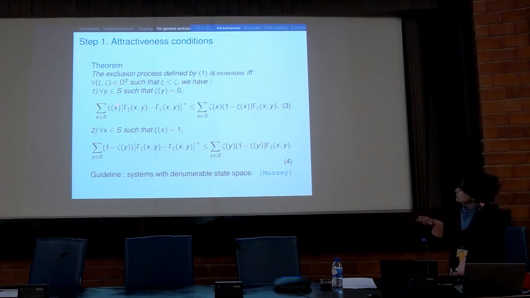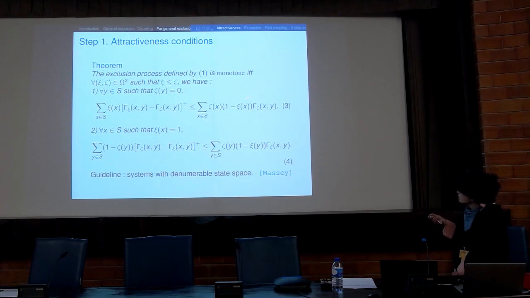So you want the site y for zeta to be filled by something. And that's what is done here. On the right-hand side, you look at jumps for the second line. So zeta of x is equal to 1. There's no 1 on the first line. Psi of x is equal to 0. And there's a jump with a rate gamma zeta xy from x to y.